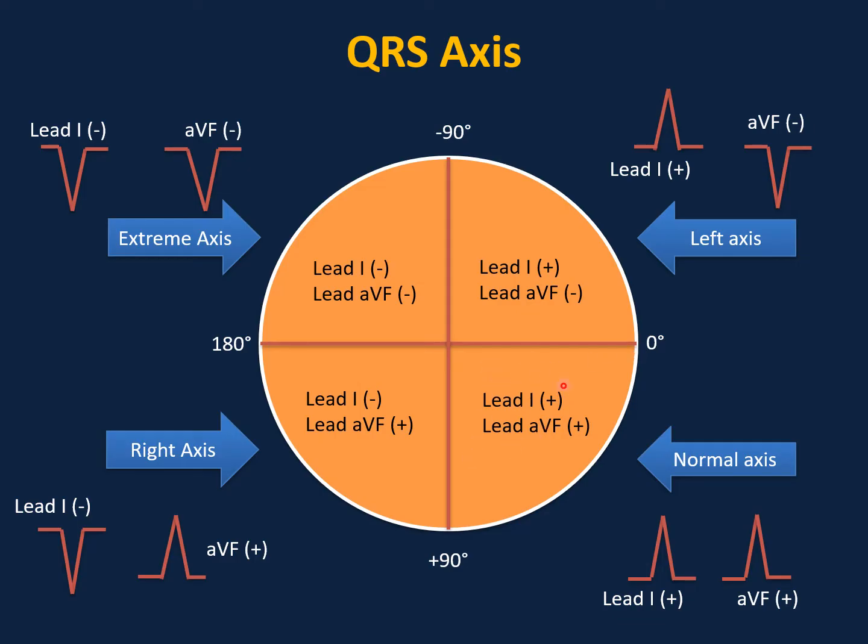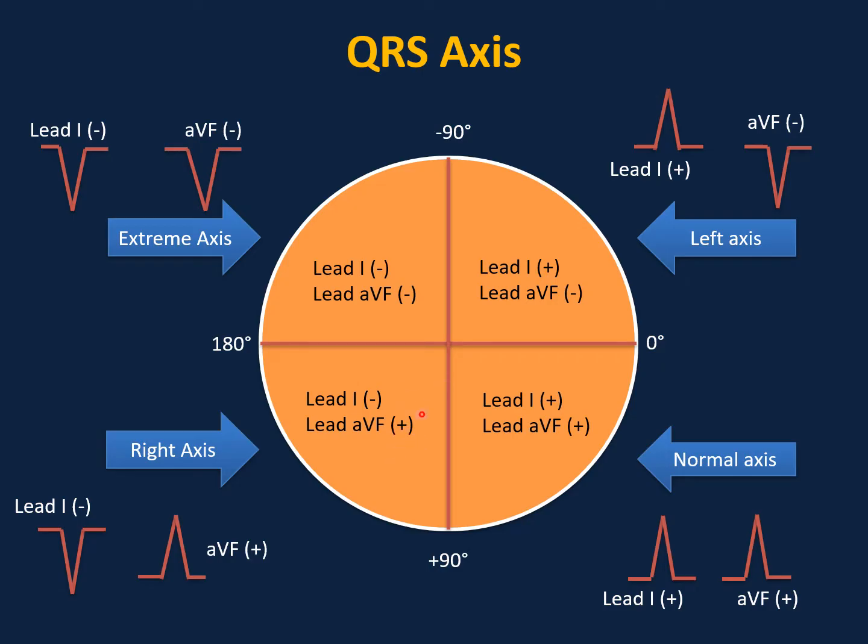Again, to make it easy to remember: if the QRS is positive in lead 1 and positive in aVF, this is normal axis, looking in this direction. Positive in lead 1 and negative in aVF is left axis deviation. Negative in lead 1 and positive in aVF is right axis deviation. If both are negative, this is extreme axis. Normally newborns and young children have right axis deviation, looking in this direction, somewhere here.